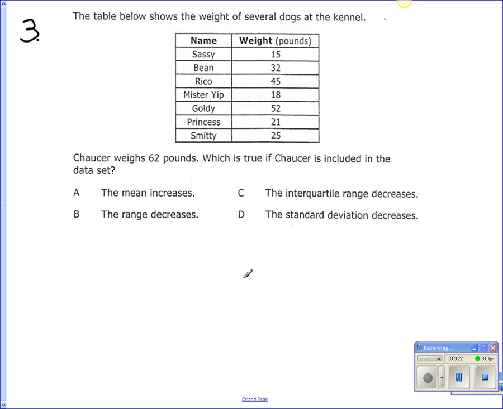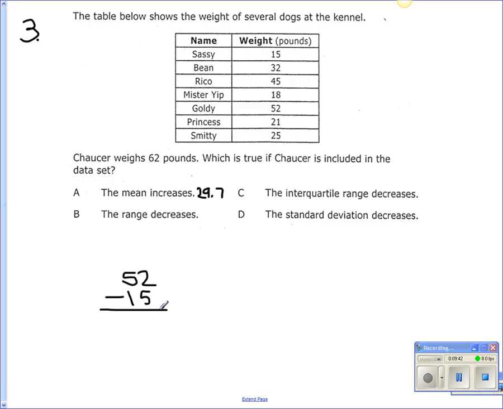And, all right, so I'm getting the mean to be 29.7. The range, which is max minus min, so 52 is your max, and your min is 15.